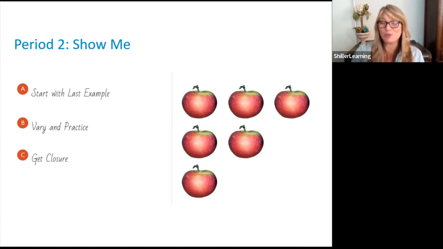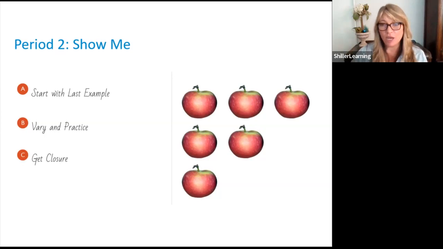And here's an opportunity to practice both numerical quantities as well as shapes. You can ask them, can you show me 3 circles or 2 squares, 1 triangle? So again, you get the idea: variety, practice, repetition.